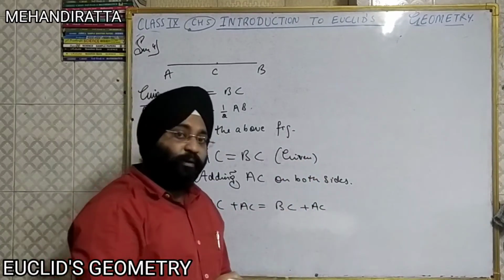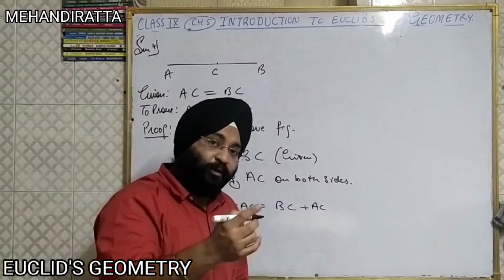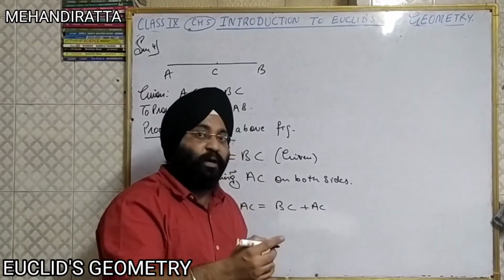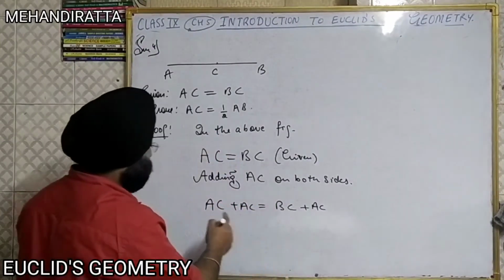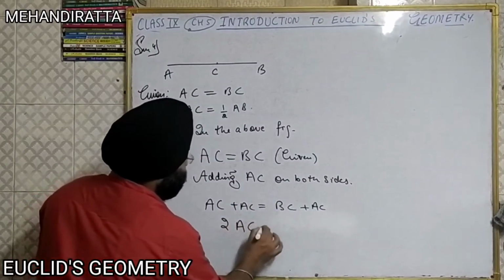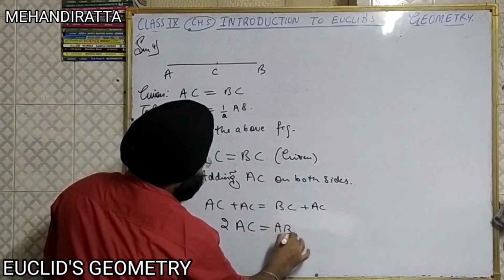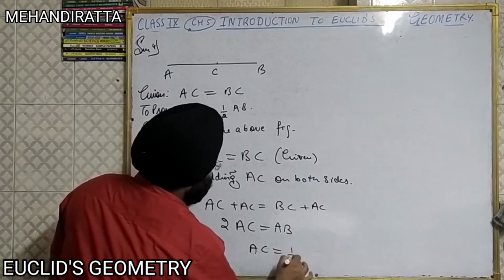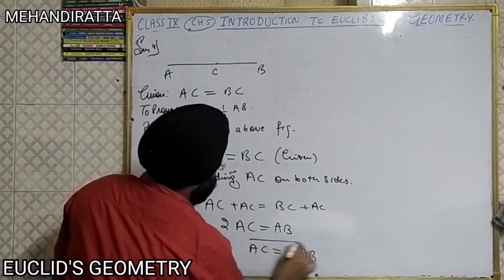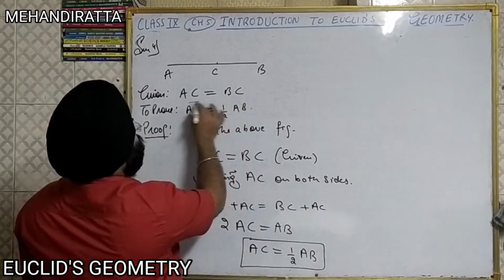Here what we will write: equals are added to equals, wholes are equals. Now 2AC, what is AC plus BC? AB, so AC comes out to be half of AB. This is what we have to prove.